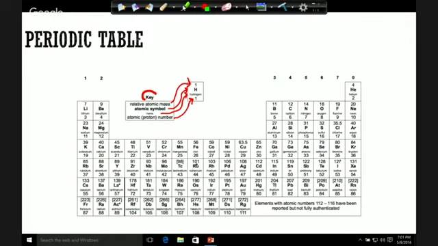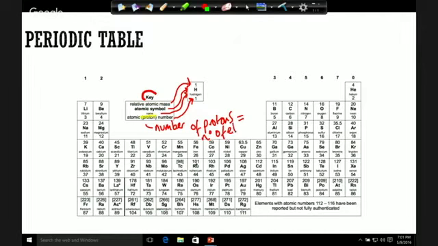Well, the first thing that I want to talk about is this one here, the atomic or the proton number. Now the clue's in the name. This number on the bottom of each element tells you how many protons. It tells you the number of protons that element has. The bit that you need to remember is that this is also equal to the number of electrons.